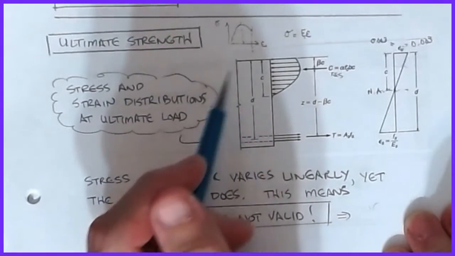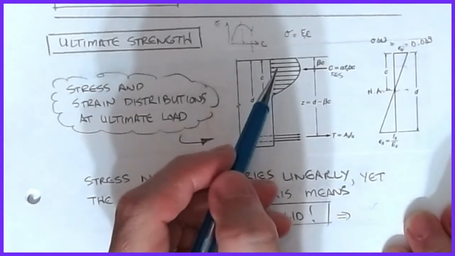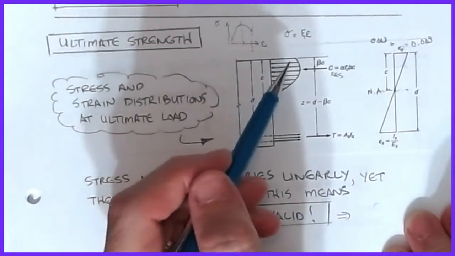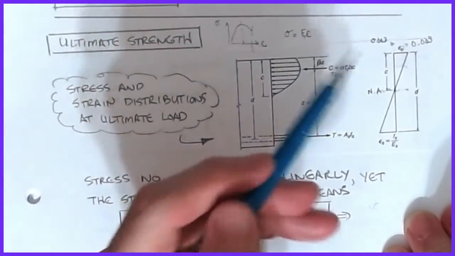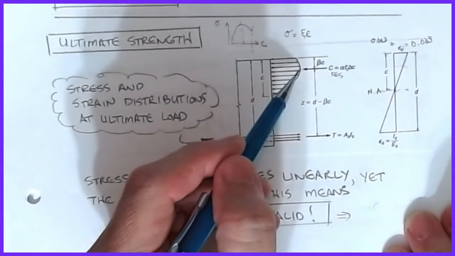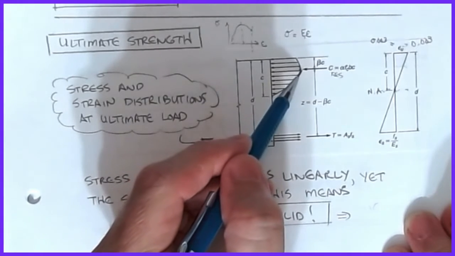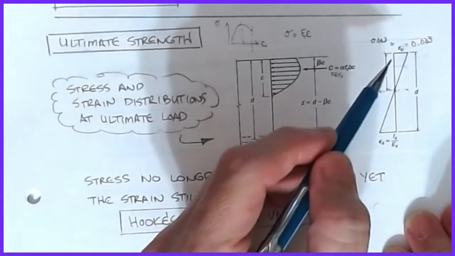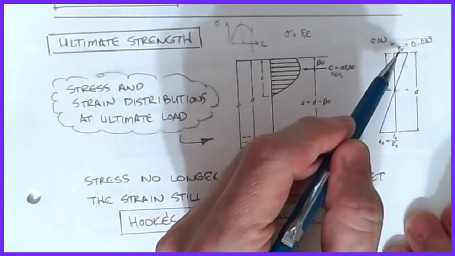But if you remember, what we said is that the stress in the concrete didn't follow Hooke's law at this point, because the maximum stress in concrete occurs at a strain somewhere around 0.002, but we define the ultimate strain as 0.003, something a little bit higher.